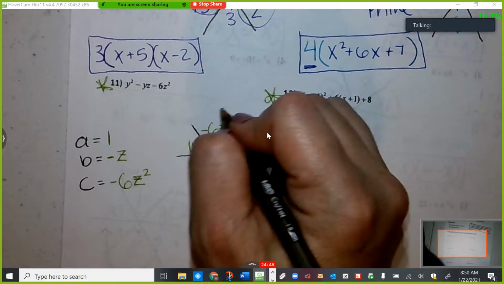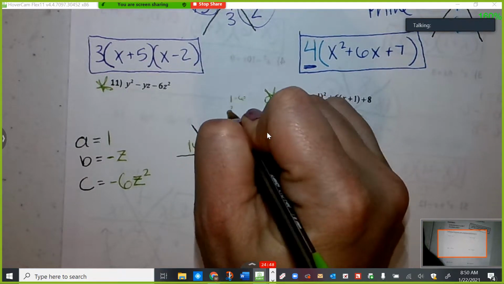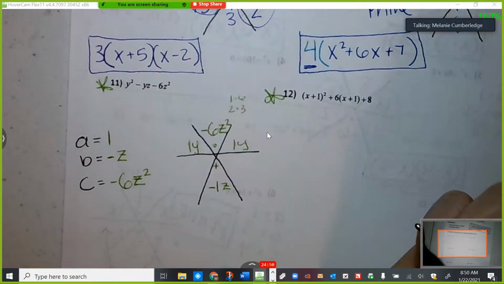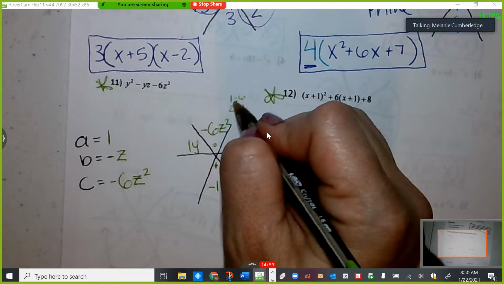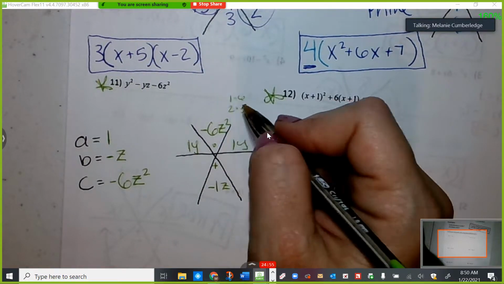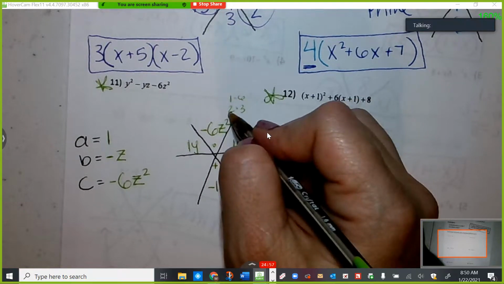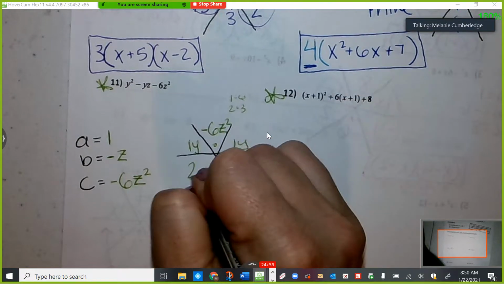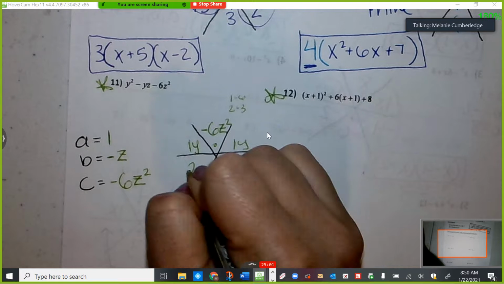We can start writing our factors. 1 times 6, 2 times 3. Those are our only options. And since it's negative, we're kind of subtracting. Well, 1 minus 6 would only give me 5 in some way, shape, or form. But 2 minus 3 does give me negative 1, so 2 minus 3.